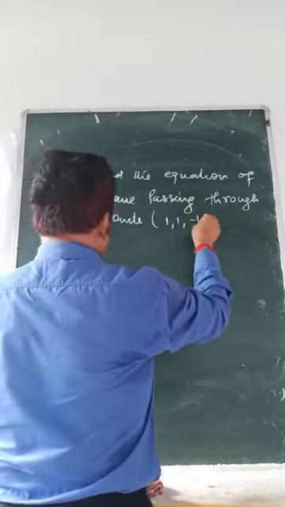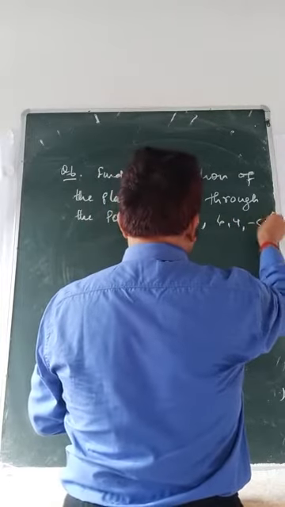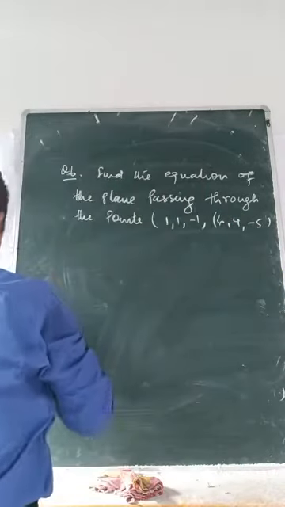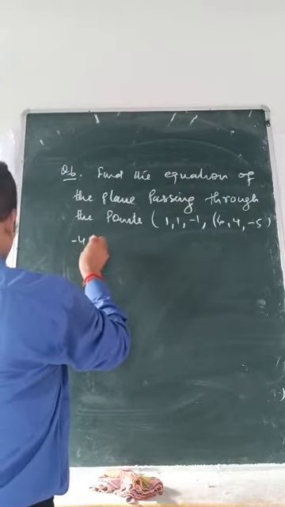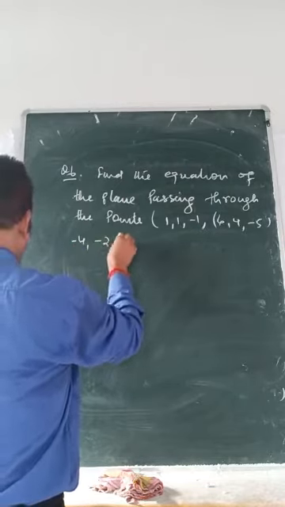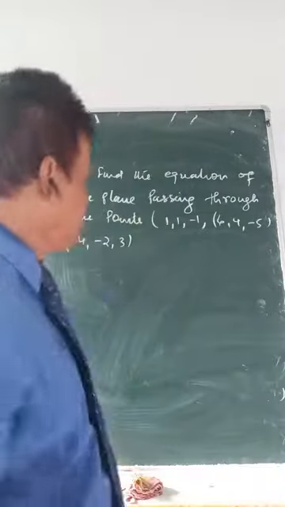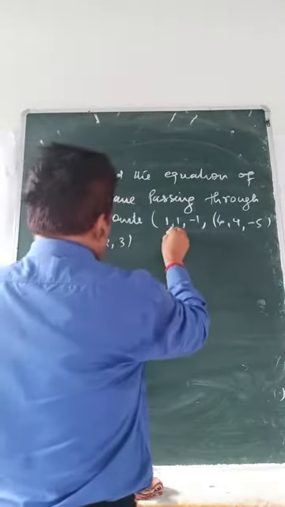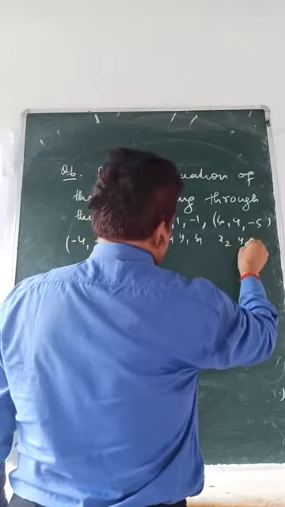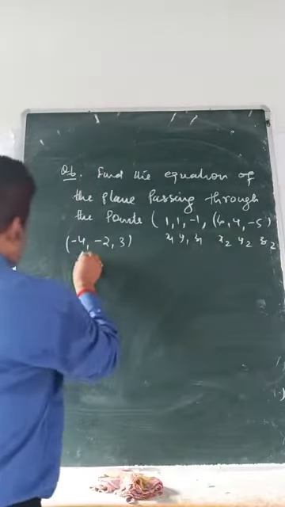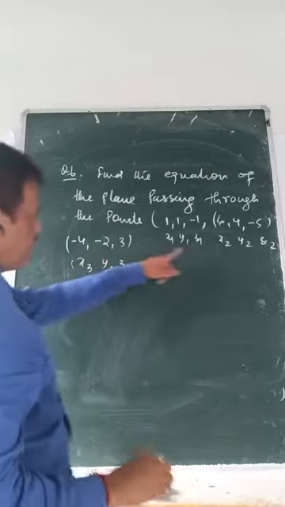1, 1, minus 1; 6, 4, minus 5; and minus 4, minus 2, 3. Okay, so this is your x1, y1, z1, x2, y2, z2, and this is x3, y3, z3. 3 points you got.